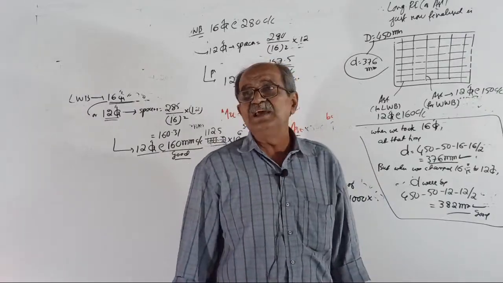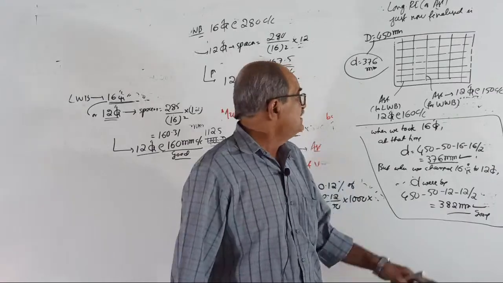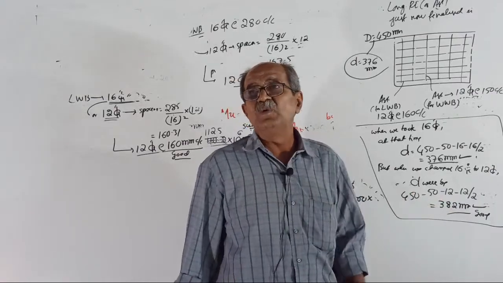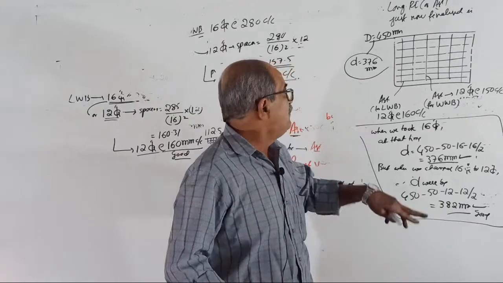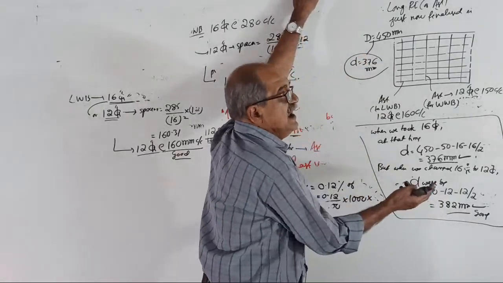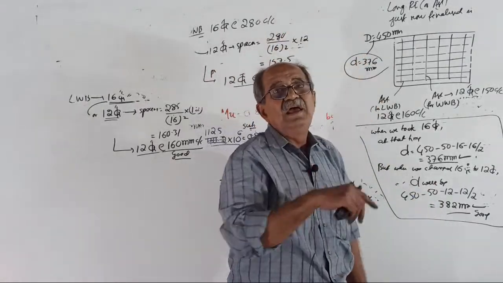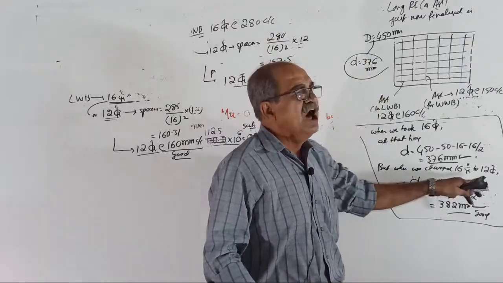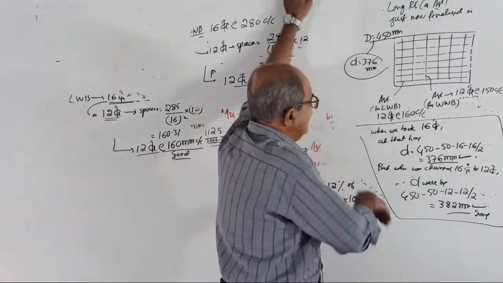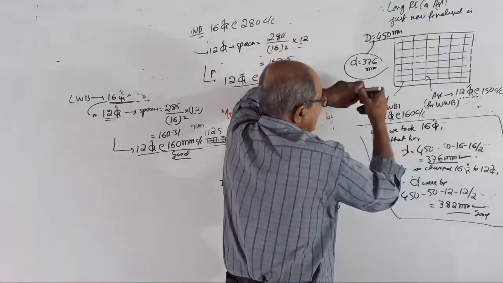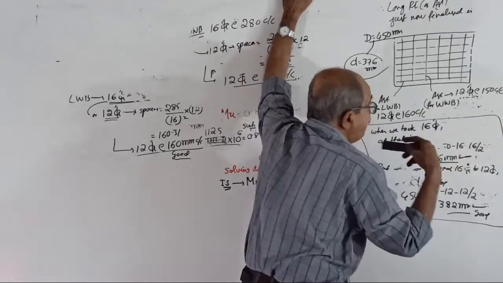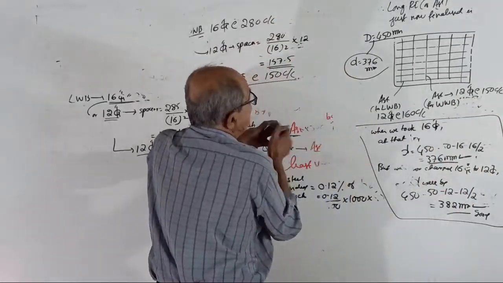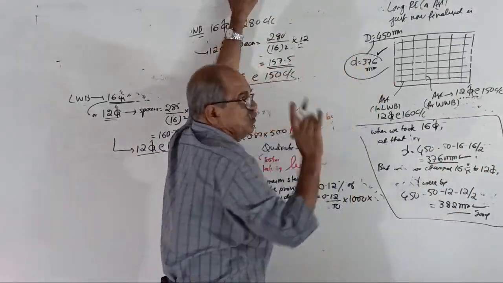When you increase the steel, who knows, you may once again go back to 16 tor. Why? If heavy steel comes, if you take 382 and then 370 with 16 tor, it is unsafe. Why? D will reduce. Therefore, the small extra, leave it. So we will continue with the D 376 only.